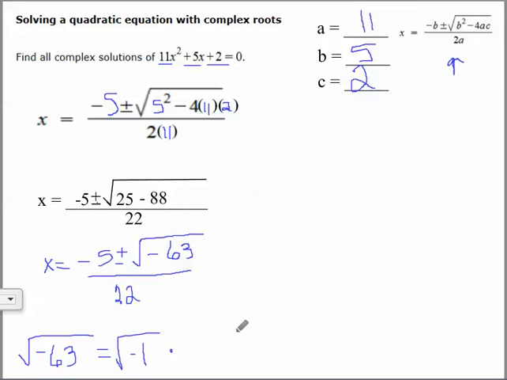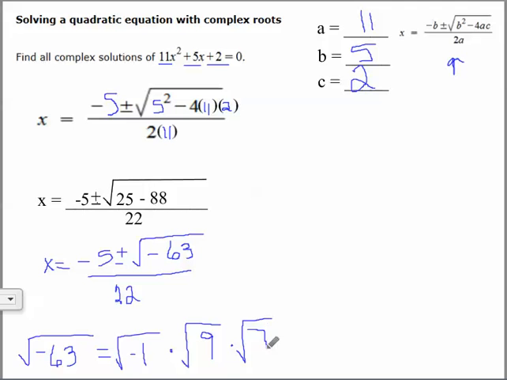But then we ask ourselves, what factors of 63 contain a perfect square? So meaning what two numbers multiply together to give me 63, one of which is a perfect square. Remember, your perfect squares are 4, 9, 16, 25. And in this case, 63 is divisible by 9. 9 times 7.